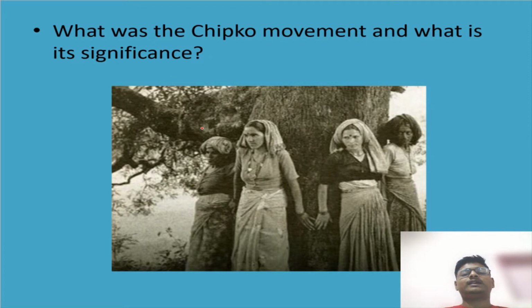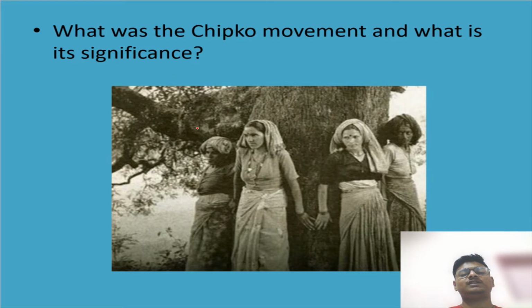The Chipko movement was when trees were being cut for human purposes on a large scale, so the people in that locality came to the trees and surrounded them. They were not letting the trees be cut down.